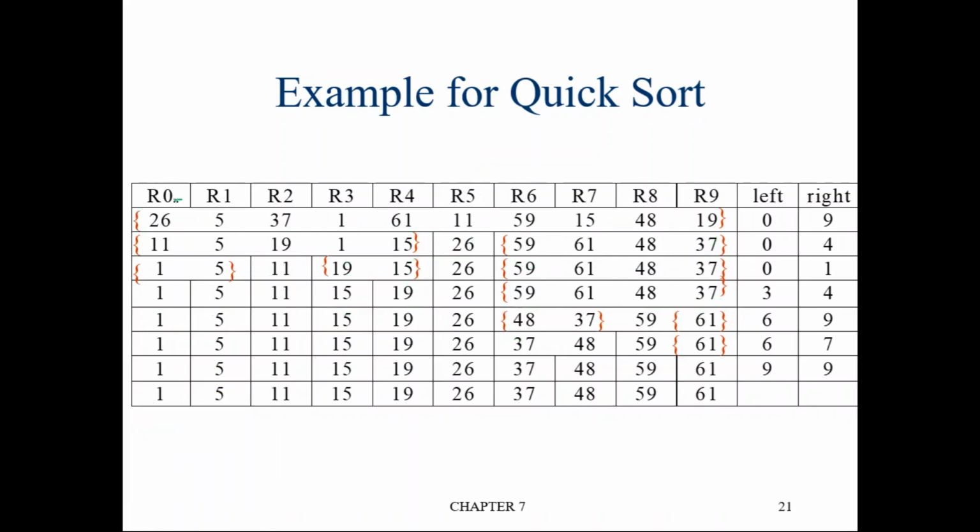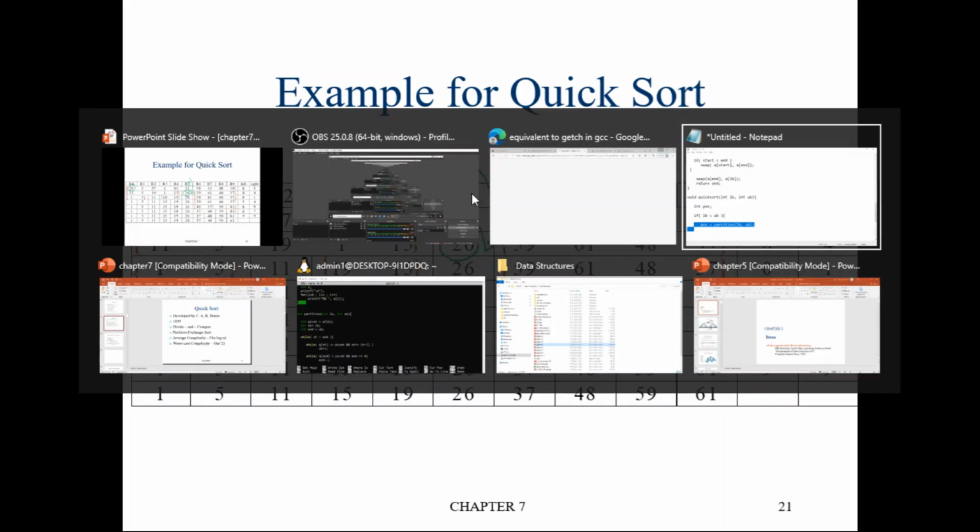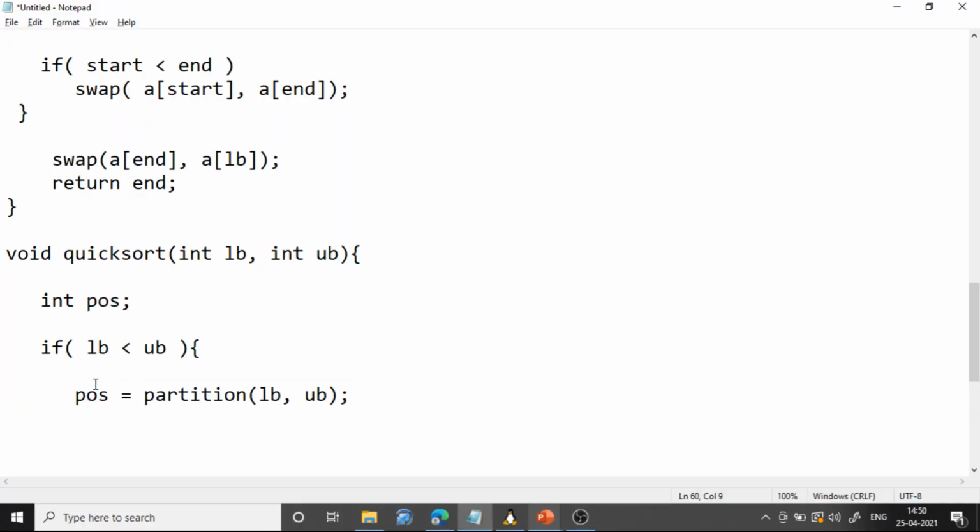That is, 26 will come in its right position. Now 26's position is 5, so the partition is going to return this 5.